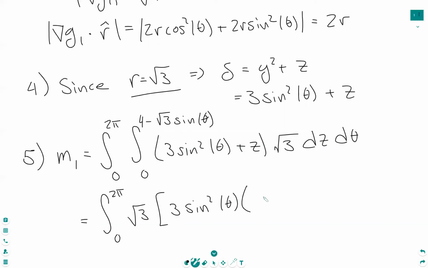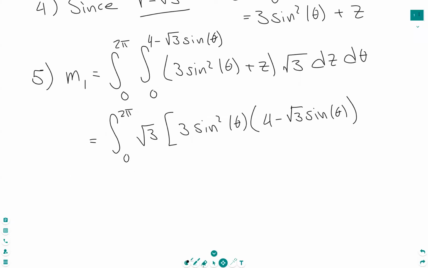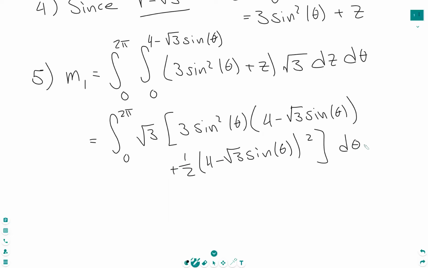So this just means that we have a 4 minus root 3 sine theta, plus 1/2 of 4 minus root 3 sine theta squared, d theta.